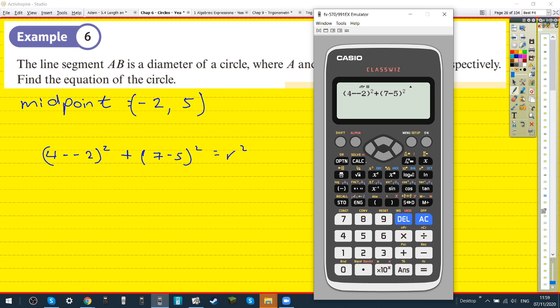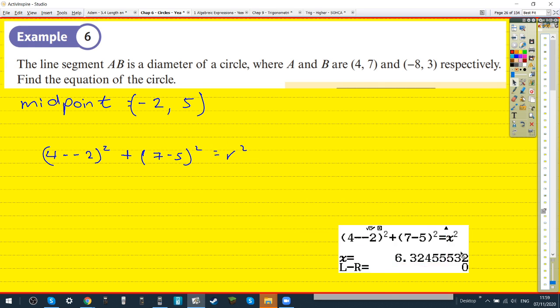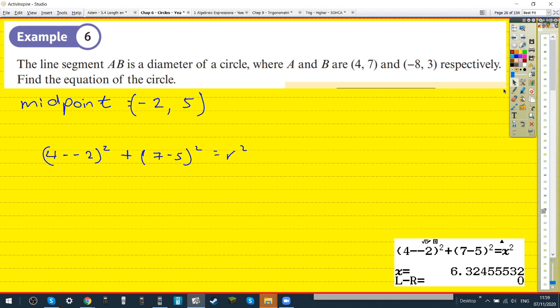So 38 is r squared, so r is just the square root of 38. Sounds good to me. And so we want the equation of the circle. So the equation would be brackets x minus 2 close bracket squared plus y minus 5 close bracket squared equals square root of 38 squared.